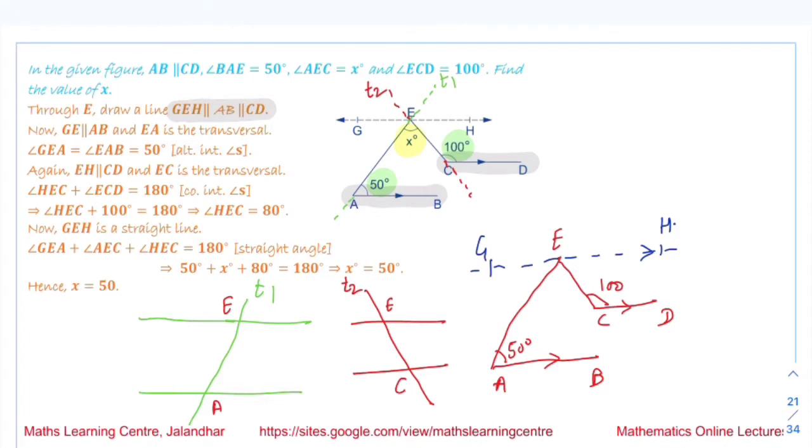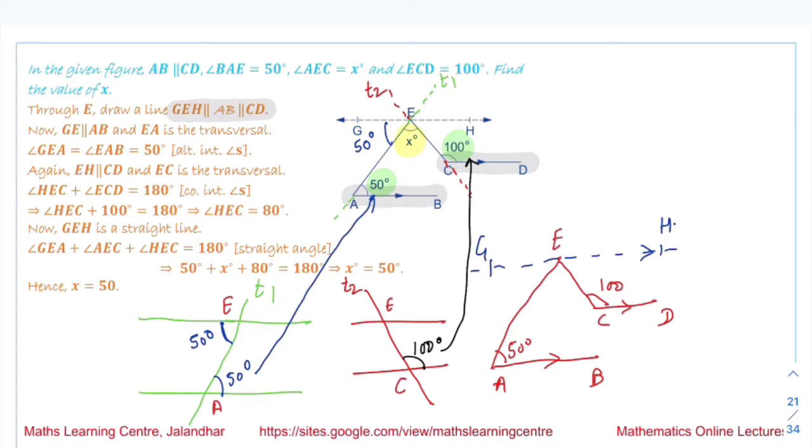So what we have now is that this angle is 50 degree. Correspondingly, the angle over here is 50 degree. Similarly, for the second one, this angle is given to be 100 degree.